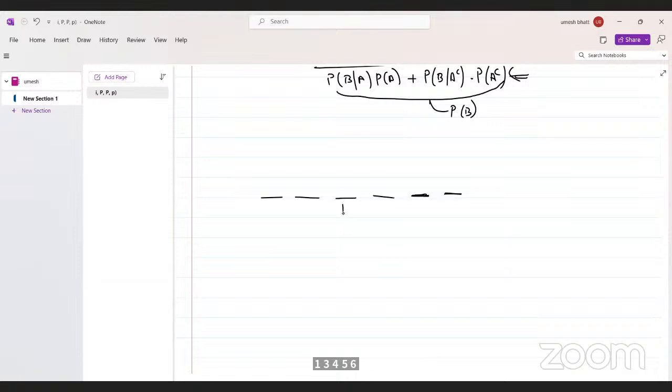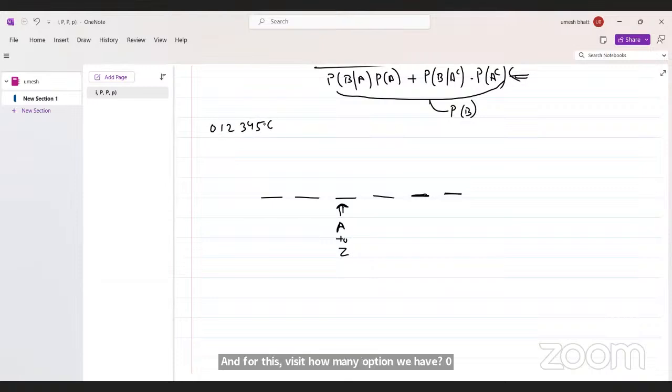Okay. Now this place is for alphabets A to Z. And for these digits, how many options do we have? 0, 1, 2, 3, 4, 5, 6.